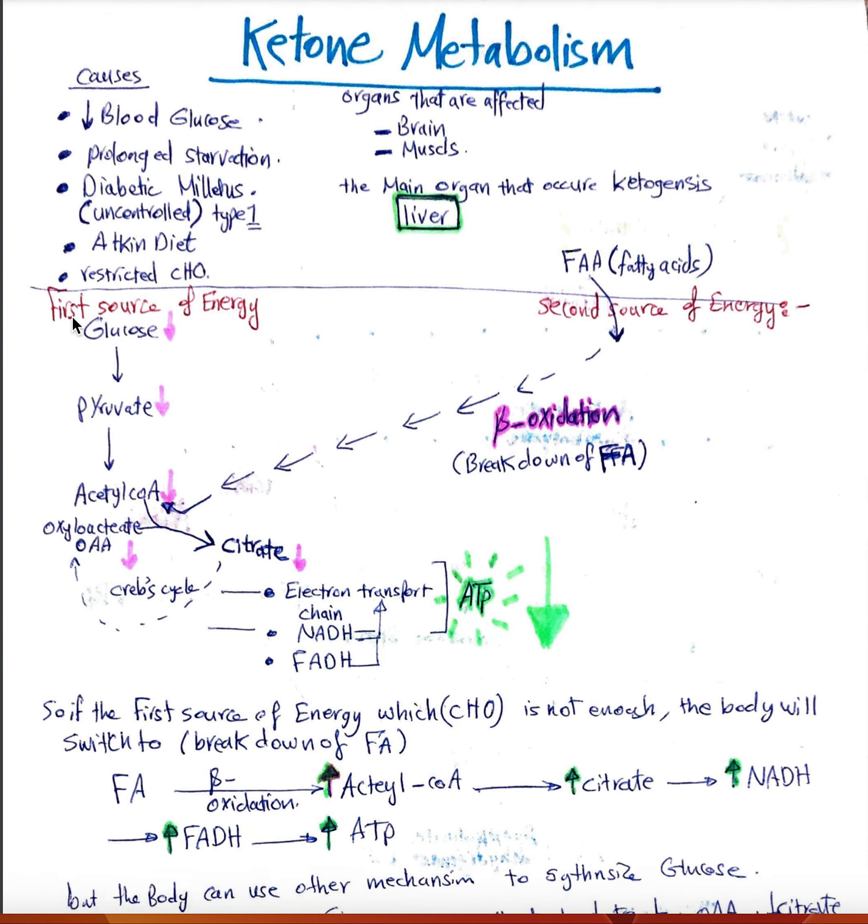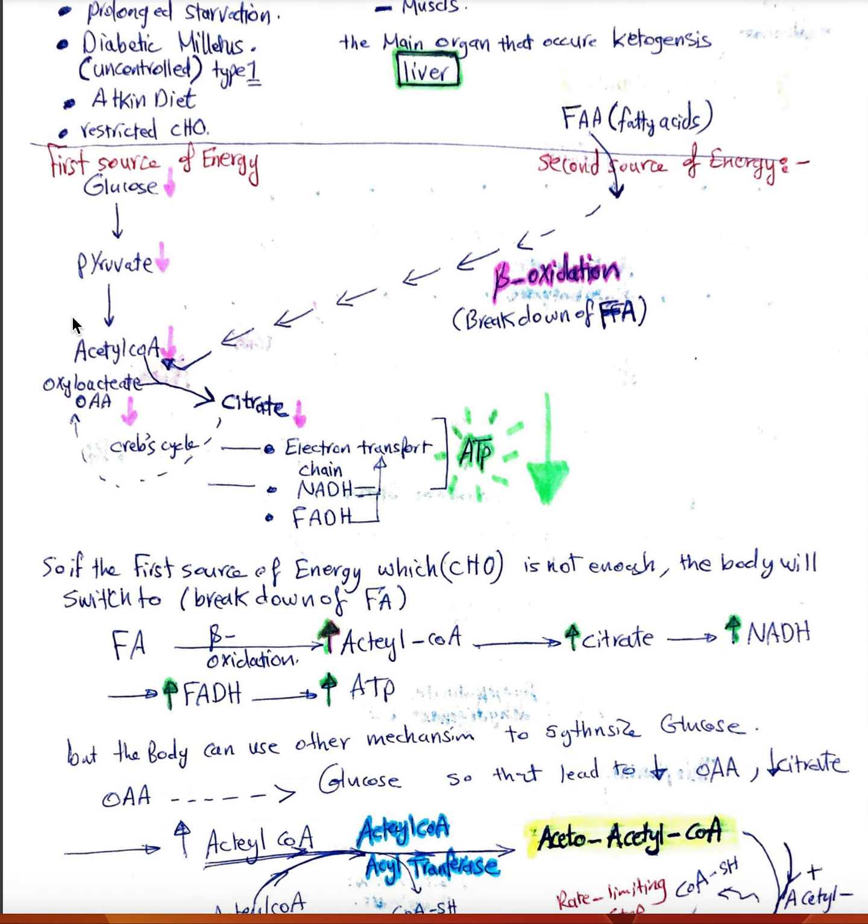Okay, so let's go to our points. The first thing is the first source of energy in our bodies. What is the first source of energy? Glucose goes to pyruvate, then pyruvate to acetyl coenzyme A, and then acetyl coenzyme A with oxaloacetate forms citrate, and the citrate goes to the Krebs cycle.